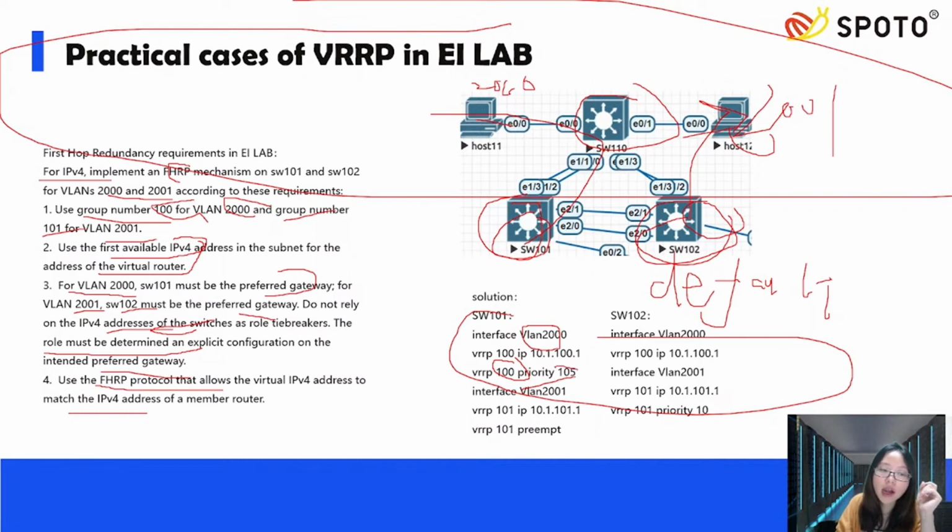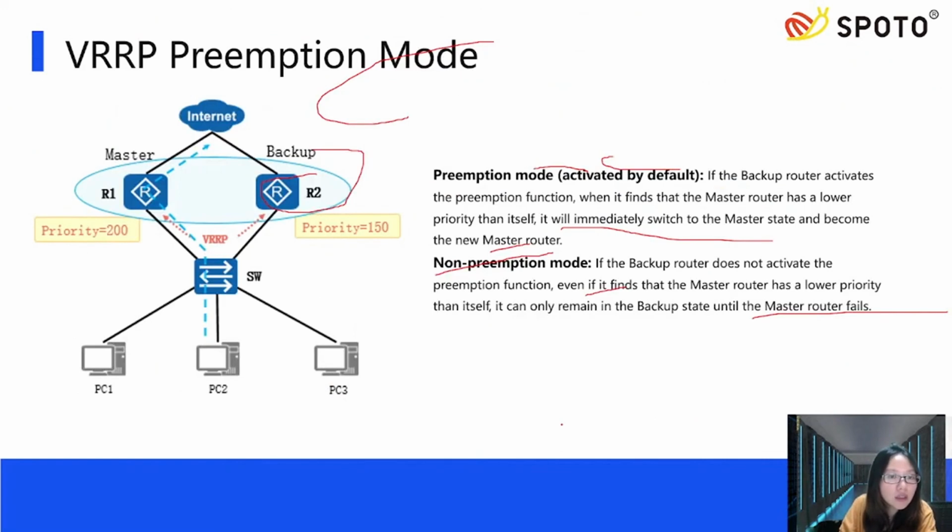So we configure 105. It's also enable preempt.